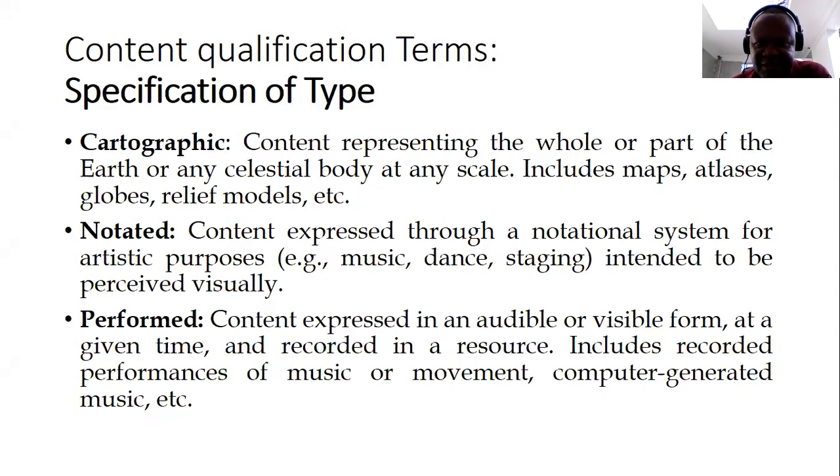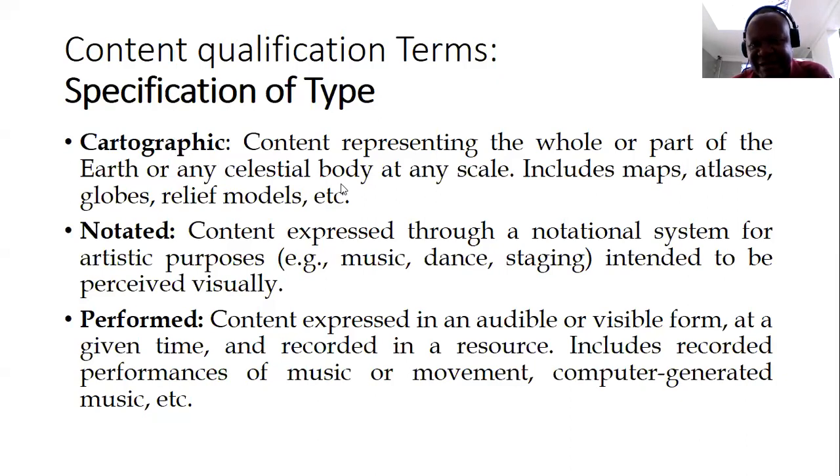So in case we were cataloging a map, for instance, and I want you to note this. When we are cataloging a map, the content form term we use is image. But in brackets, we shall give a content qualification term, which is cartographic.